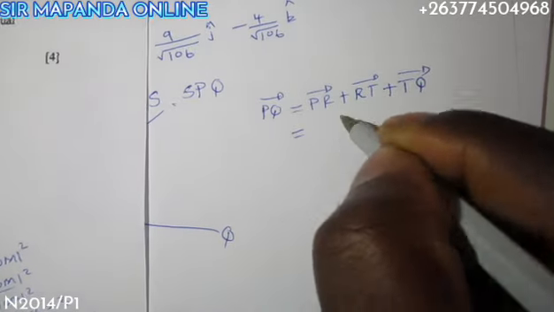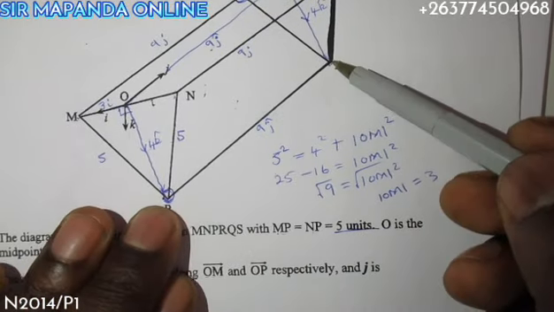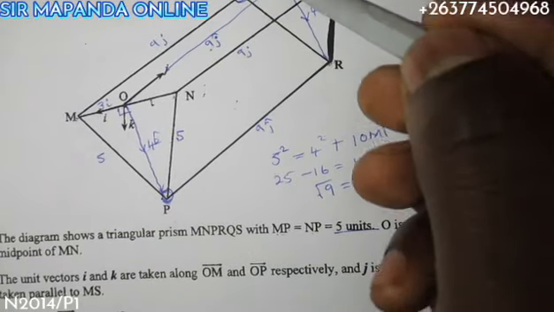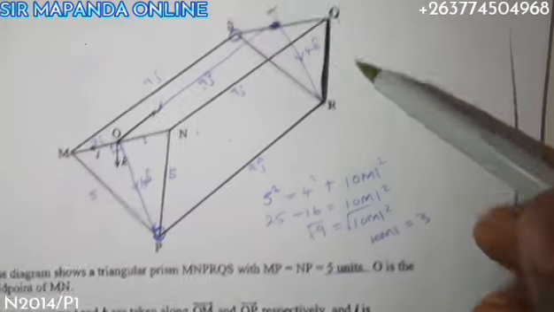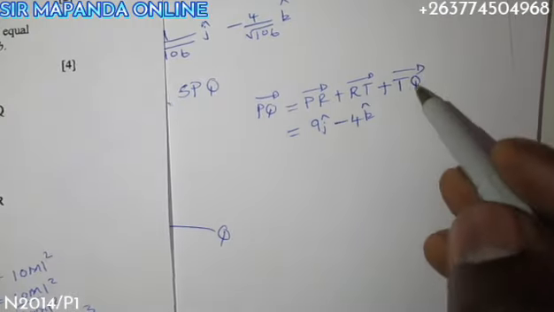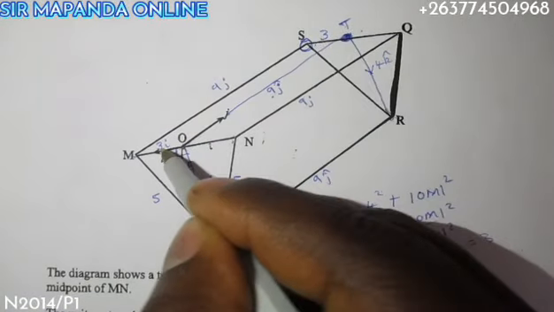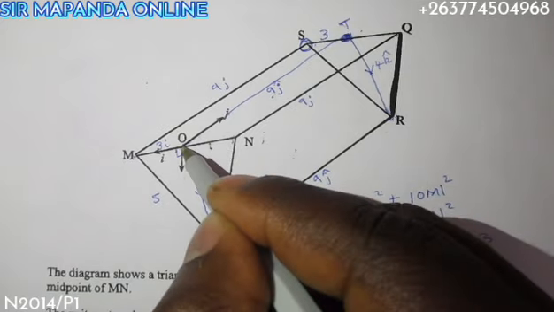So what is P to R? P to R is 9j, which is this stretch. Then R to T is negative 4k. Something like this.